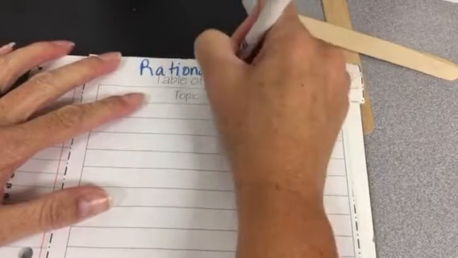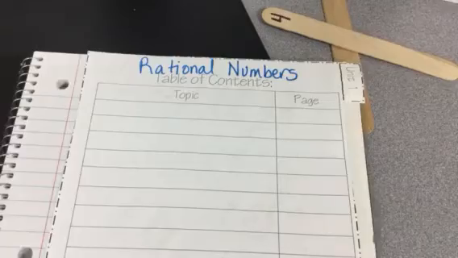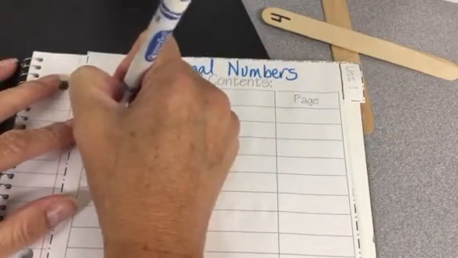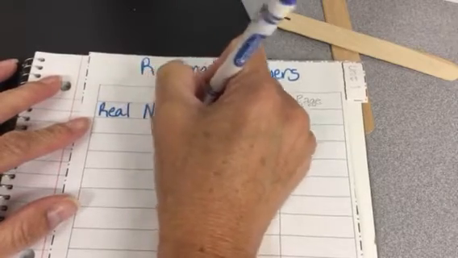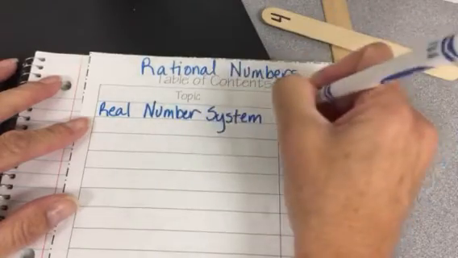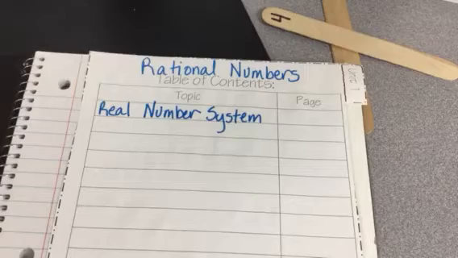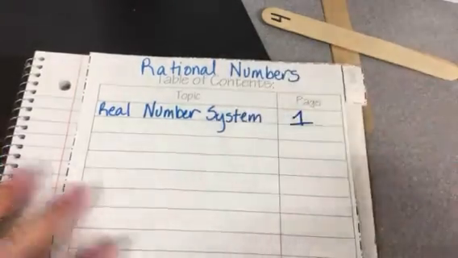So, go ahead and write that on the top. And for topic 1, it is going to be the real number system. That's going to be on page 1 in your journal.